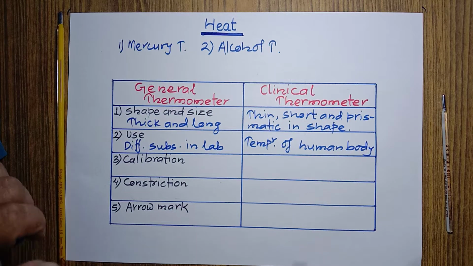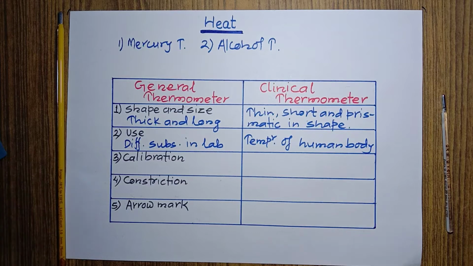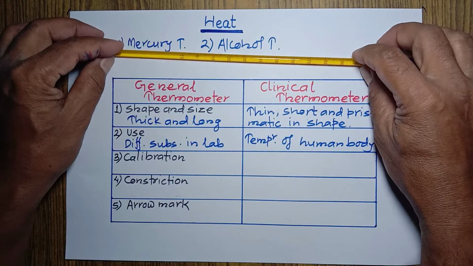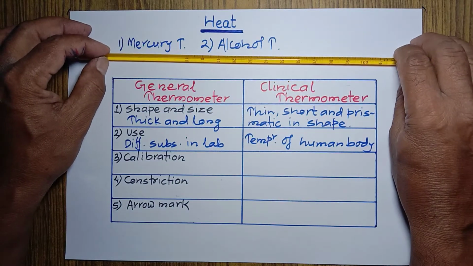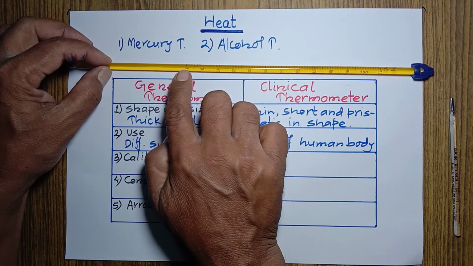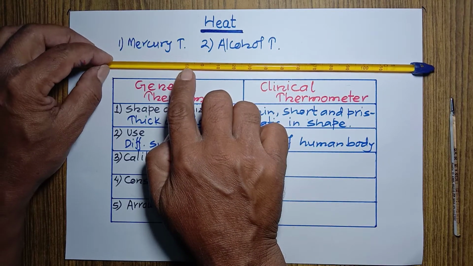Now, let's talk about the third one: calibration. How they are calibrated. We can write the difference of calibration also. Look at this. It is calibrated from, not 0 degree, here it is -10 degrees Celsius.